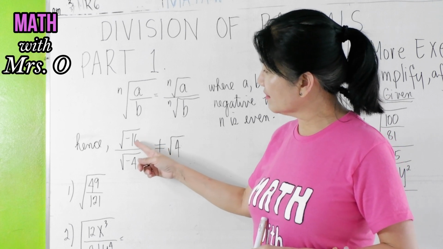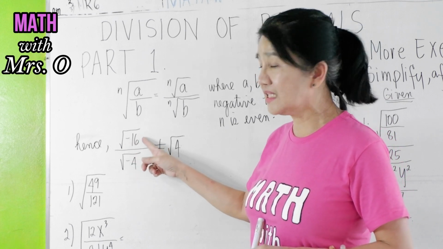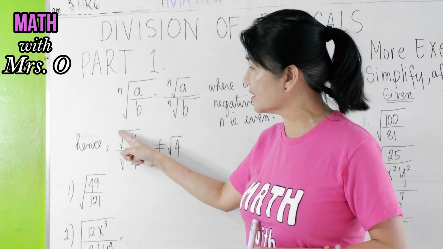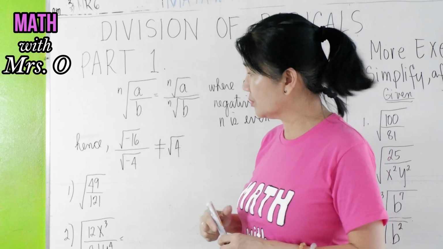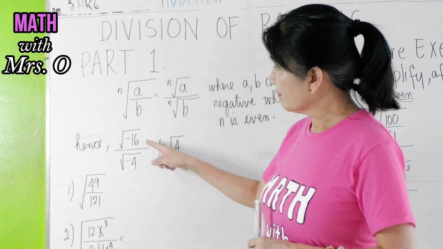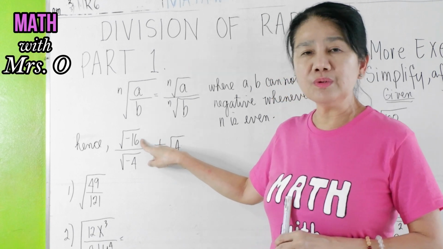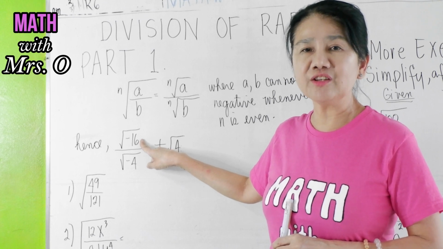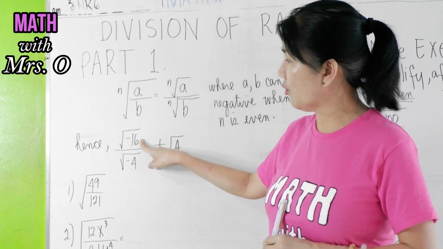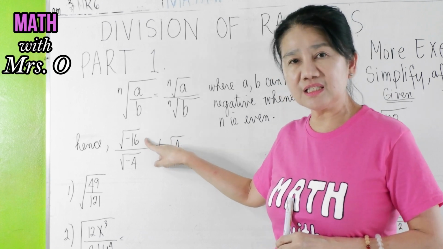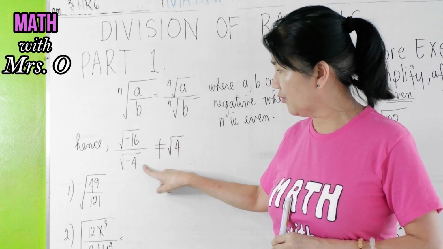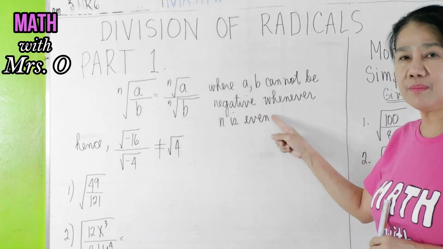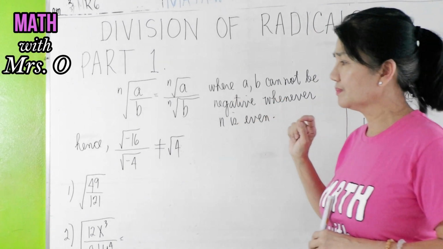Because when you're getting the square root of negative 16, remember here, n or the index is 2. It will not give you a 4 because it is a non-real number. Therefore, the square root of negative 16 over the square root of negative 4 is never the square root of 4. So always remember this constraint.